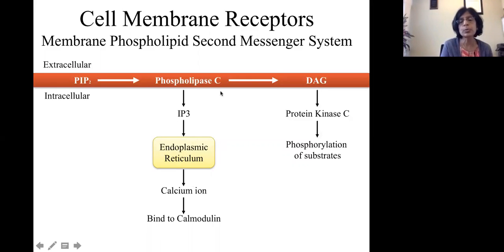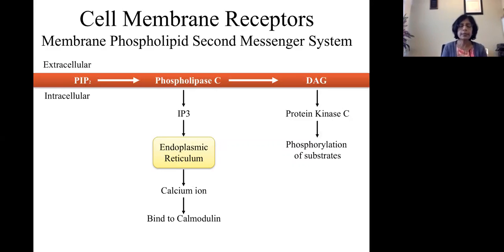Okay, so the next one is phospholipase C converting PIP2 to diacylglycerol. What happens here? Protein kinase C activation. So that then leads to a new set of events like phosphorylation of various substrates and the new end products.